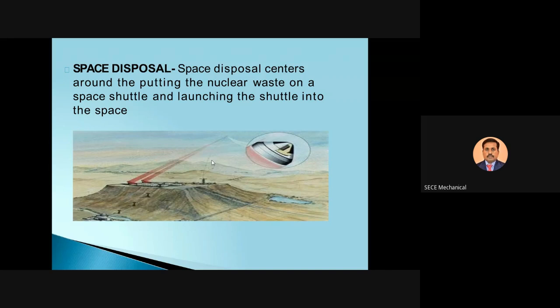So here you can see in the slide how a space shuttle is used to dispose waste from earth to space area. So the space disposal center puts the nuclear waste on the space shuttle and launches the shuttle into space. So by this way we can dispose the nuclear waste.